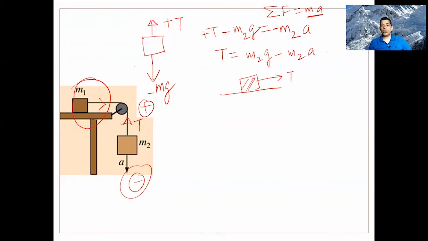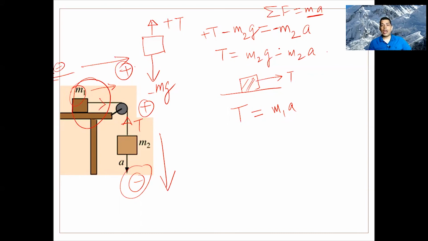That's why your net force in this case is just tension. Tension equals ma, m1a. This is m1, and acceleration is a because this direction is positive, this direction is negative. So when this guy moves down, this guy moves to the right. Right is the plus direction, so T equals plus m1a.